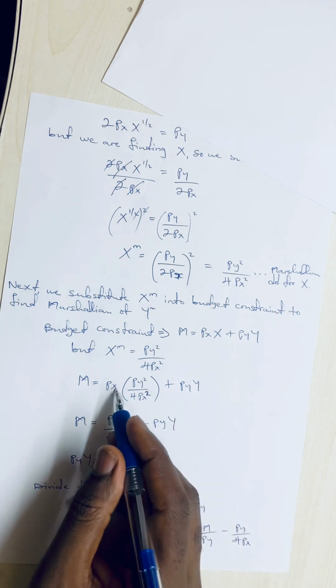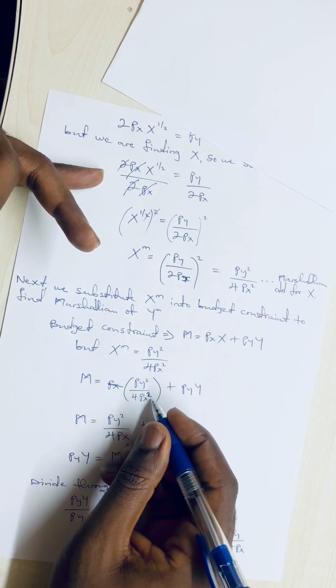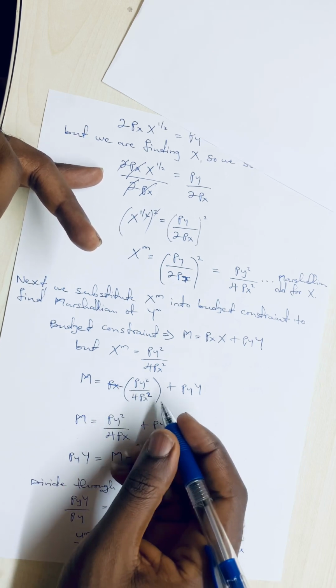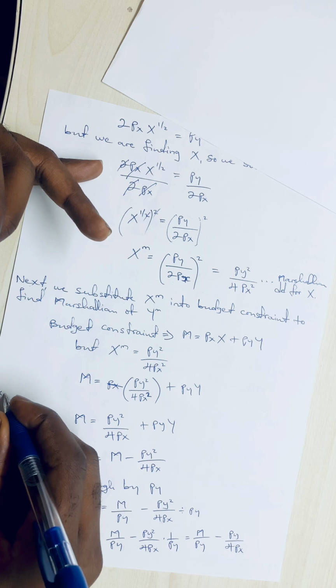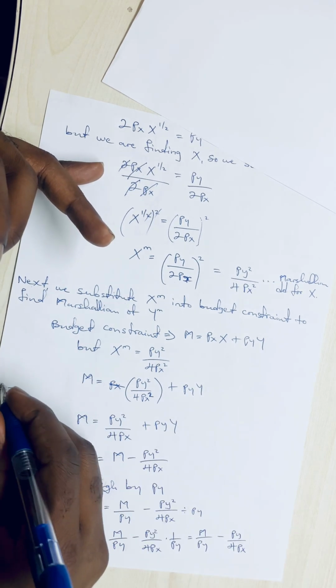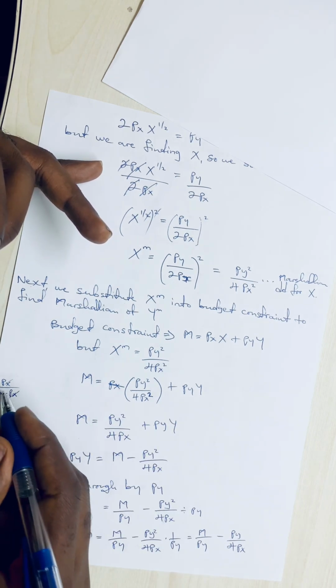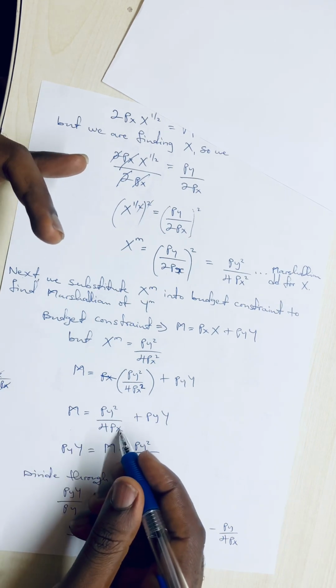So what happens? This cancels one of the px, because it's like you having px times px. So it remains px. That's why we have px here.